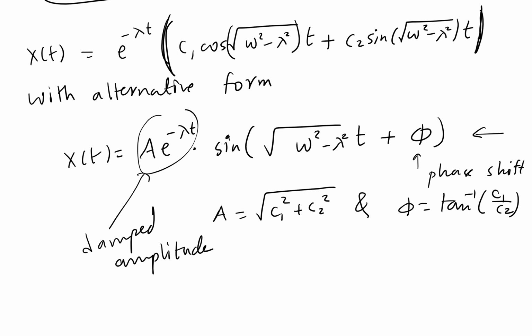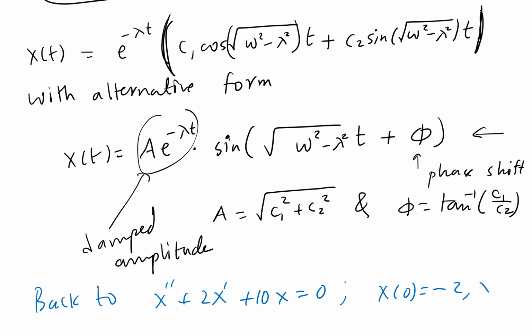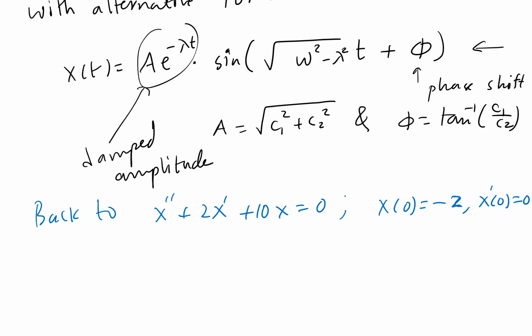So back to that example, revisiting x double prime plus 2x prime plus 10x equals 0, the one we just did, with the initial conditions x of 0 equals negative 2 and x prime of 0 equals 0.